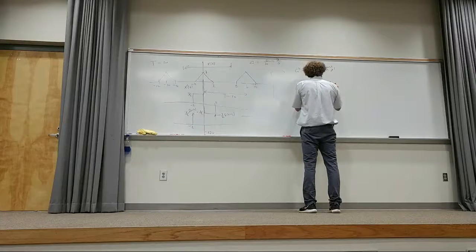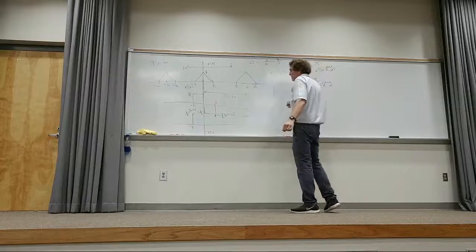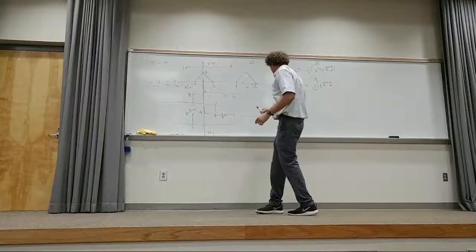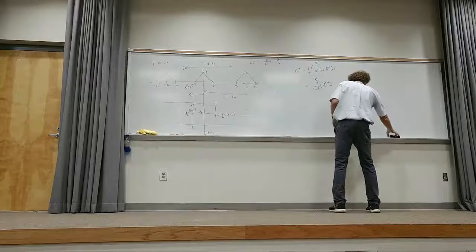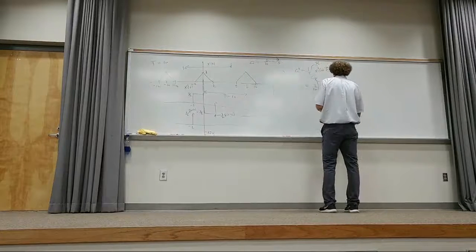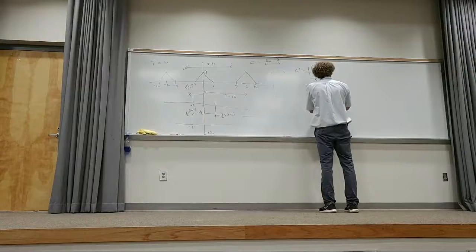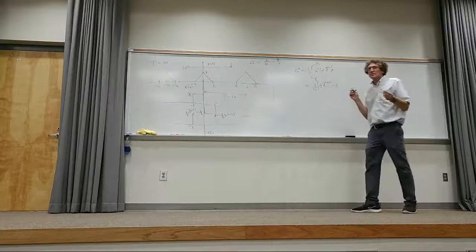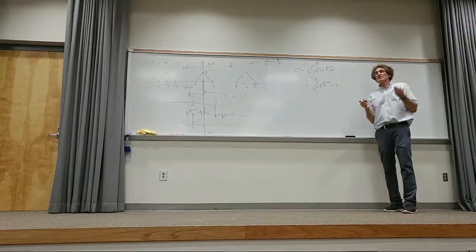Then it's plus minus 3. And that occurs at t equals 0, so e to the j n omega naught times 0 is 1.